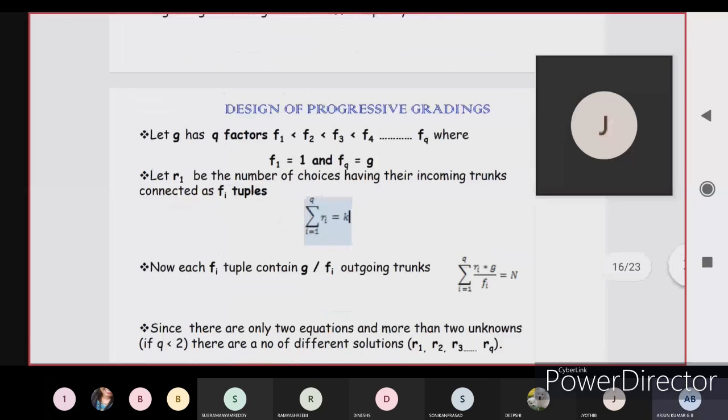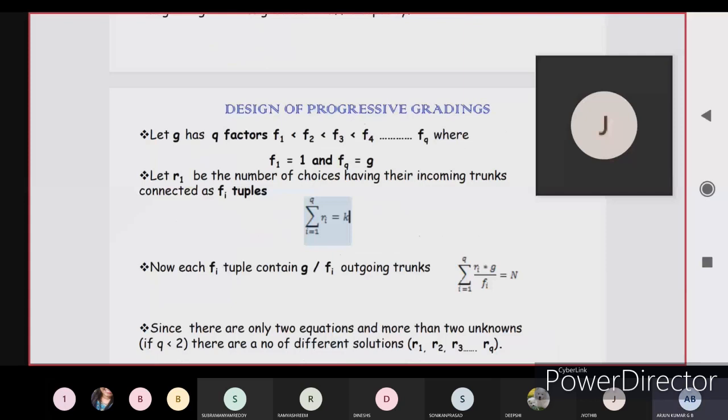The Q factors will be F1 is less than F2, less than F3, less than F4, up to FQ, where F1 is equal to 1 and FQ is equal to G. Let G be a Q factor grading, represented by this equation, F1 less than F2, F3 and so on up to FQ. The last FQ is your grade and F1 is equal to 1.